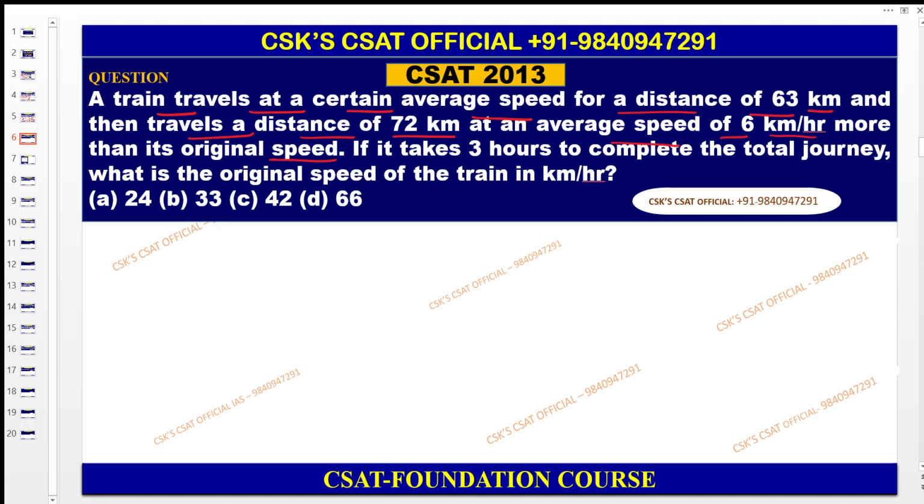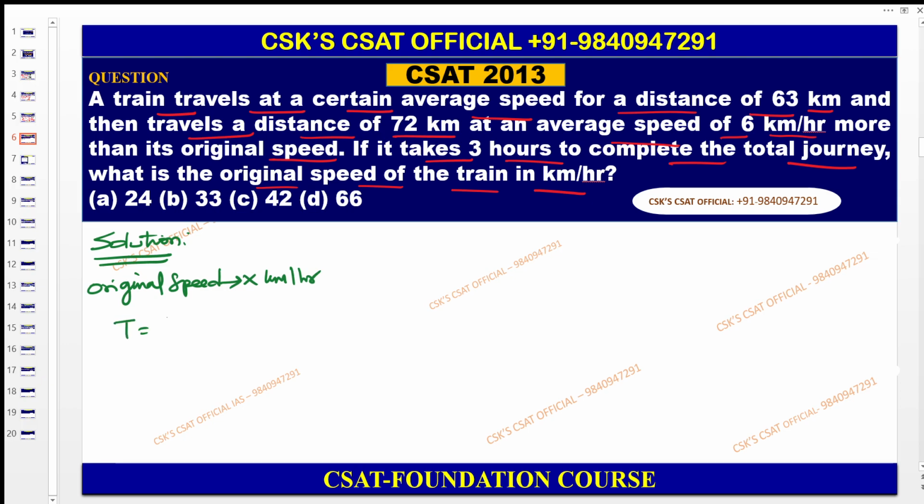If it takes 3 hours to complete the total journey, what is the original speed of the train in kilometers per hour? So you need to find out the original speed. You don't know that original speed, so take that as x. Let us take the original speed as x kilometers per hour.